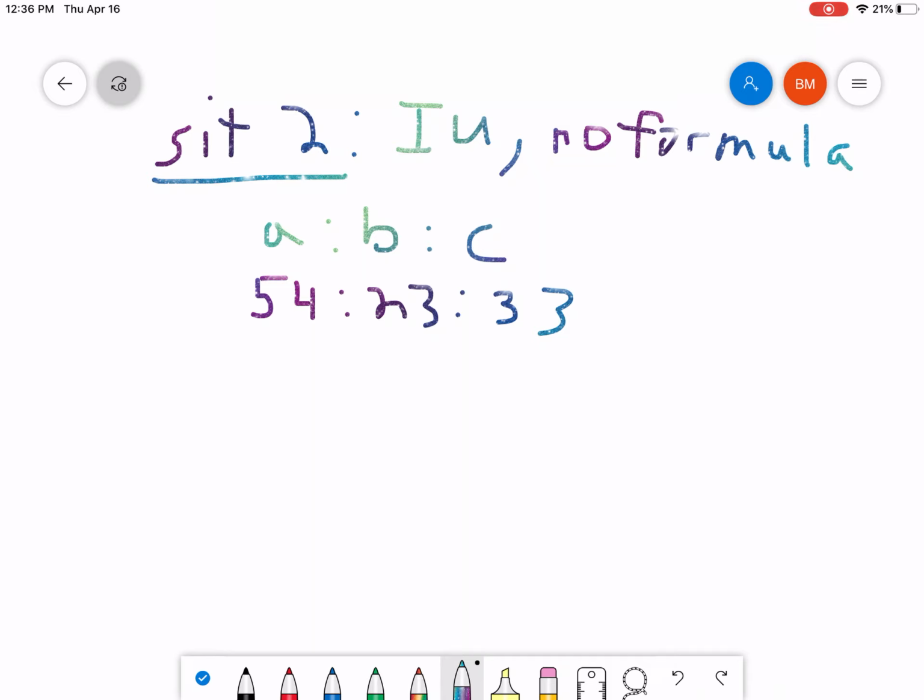So what we do in this case is we simply take every signal and divide it by the lowest number of integration units that we have been given. So in this case, we're going to divide all of these by 23.